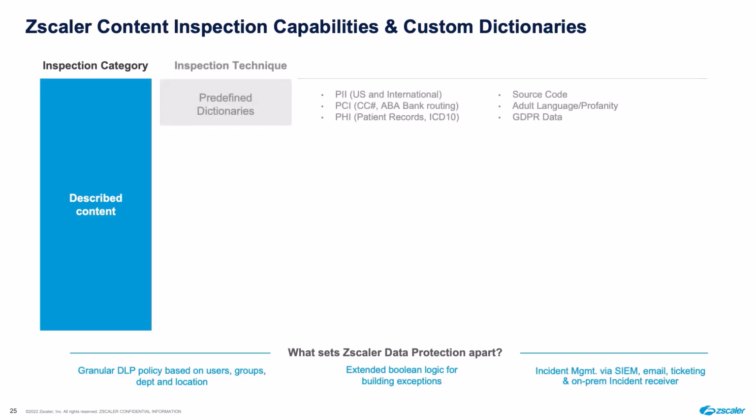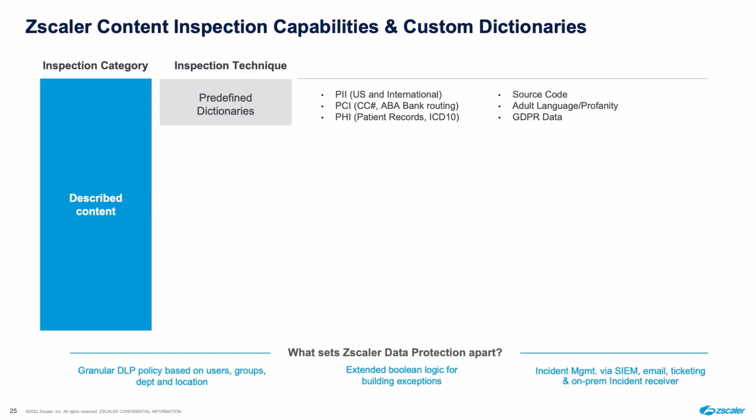The first one that comes up is the predefined dictionary. Out of the box, the Zscaler DLP engine provides hundreds of predefined classifiers to identify PCI data, PII data, PHI data. Of course, within the PCI industry, credit card number is a very popular dictionary.